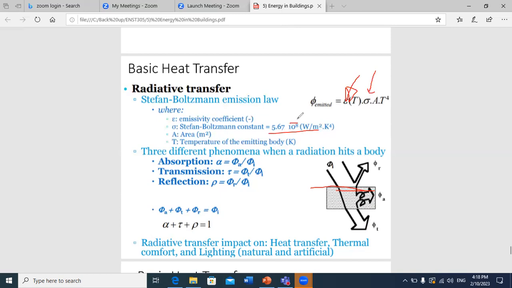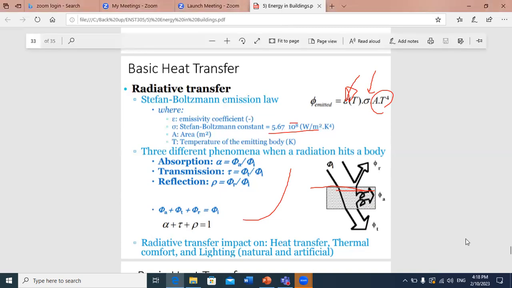So you can see that the radiation is proportional to T to the power 4. The larger the temperature of your surface, the larger the radiative heat, and it increases very fast. So if you increase the temperature, the radiation flux will increase considerably. So we should pay attention to radiation fluxes that can come from glass surfaces.